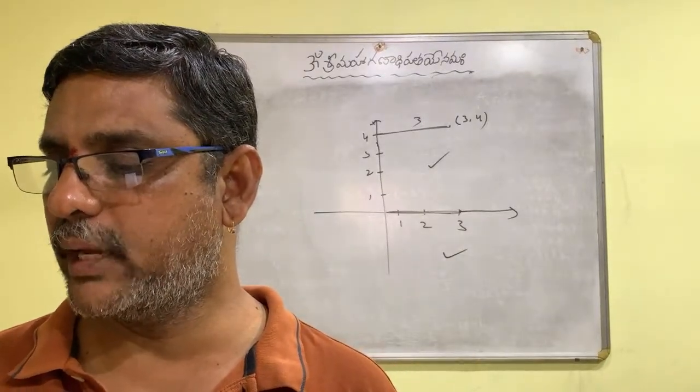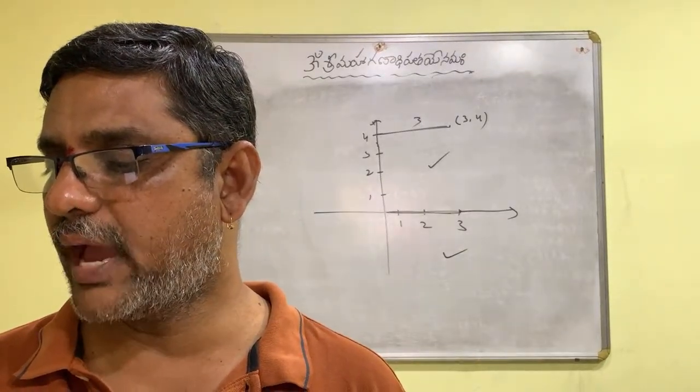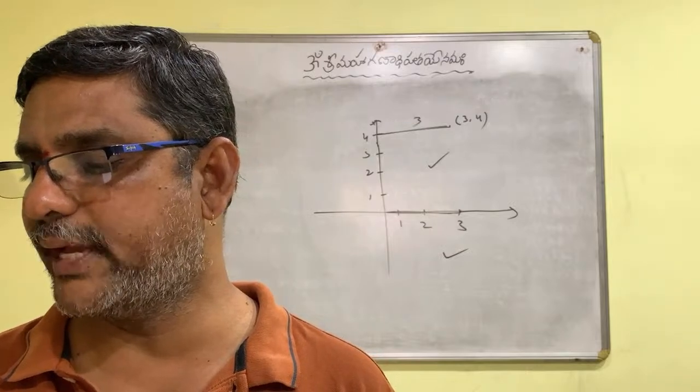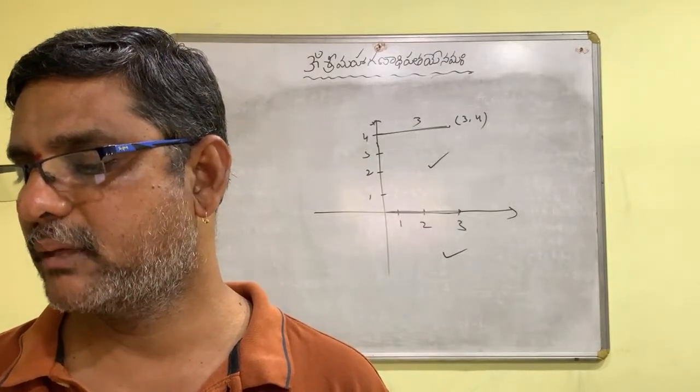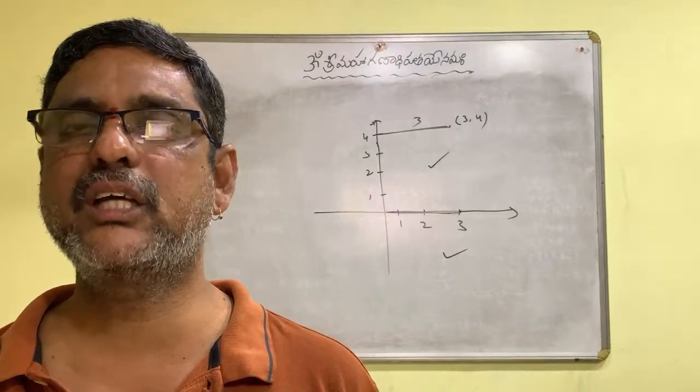Question number 19. Which of the following points lies on the line y is equal to 2x plus 3? Just insert the values.